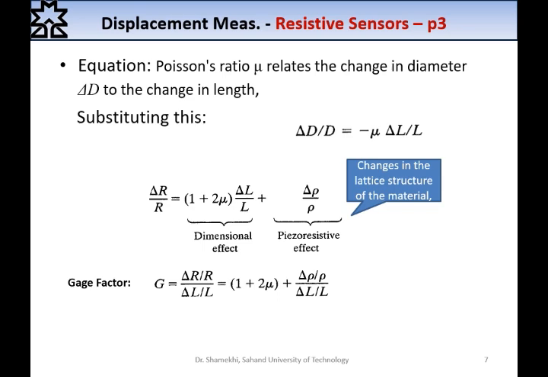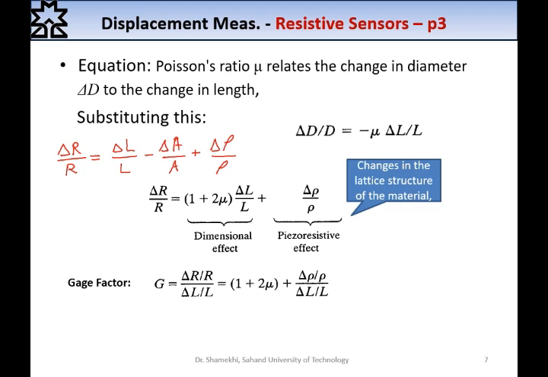I rewrite that equation: delta R divided by R equals delta L divided by L minus delta A divided by A plus delta rho divided by rho.